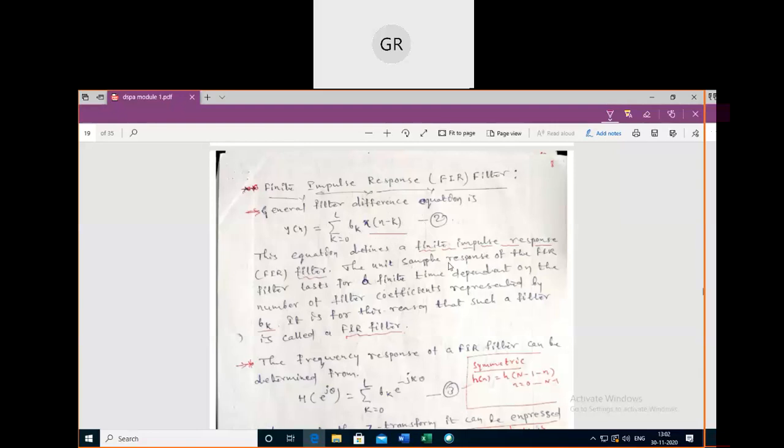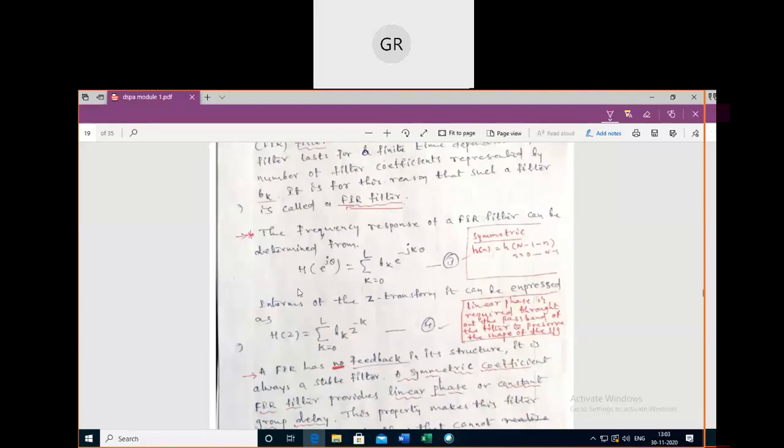The unit sample response of the FIR filter lasts for a finite time, dependent on the number of filter coefficients represented by bk. It is for this reason that such a filter is called finite. That's why we call it finite.